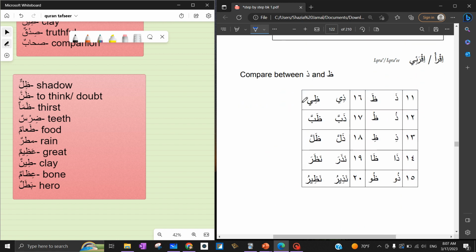Then we'll see the difference, or compare the letter dhal and the heavy letter. Dhu, dhu, dha, dhu, dhu, dhab, dab, dhil, dhil, nadhr, nadhr.